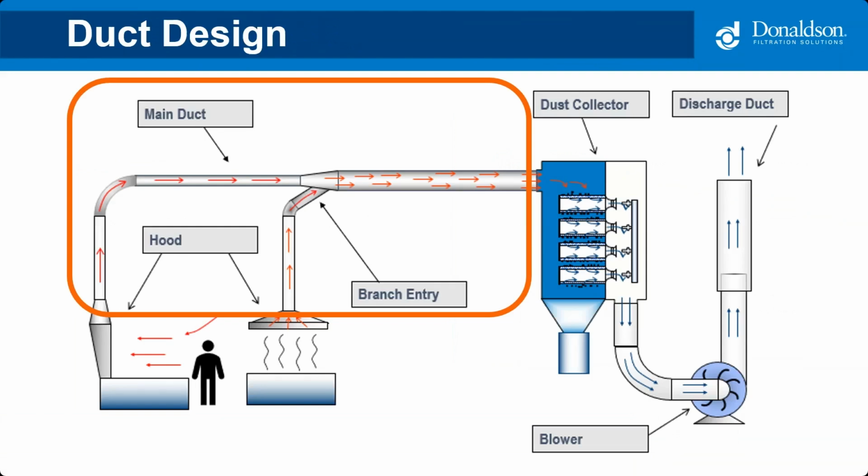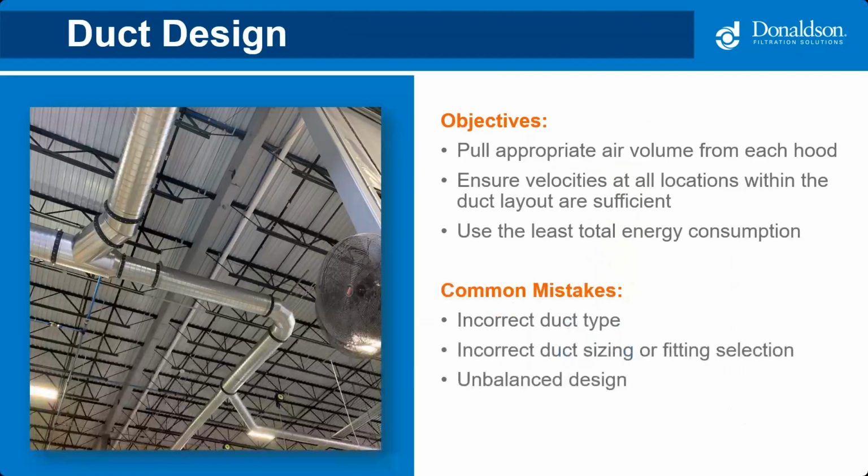Once again, we design the proper hood to capture the contaminant. The goal is to move the particulate to a filtration system through a series of ducts. A properly designed duct system should pull the minimum airflow required at the hood, maintain velocities required to transport the material throughout the duct without dropout to the filter element, and do this by utilizing the least amount of energy possible and minimizing any wear and tear on the duct components.